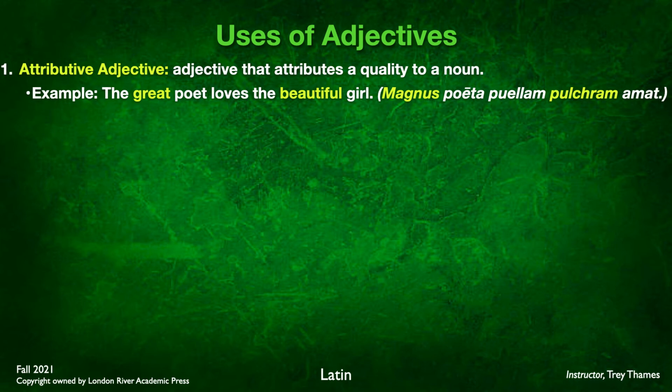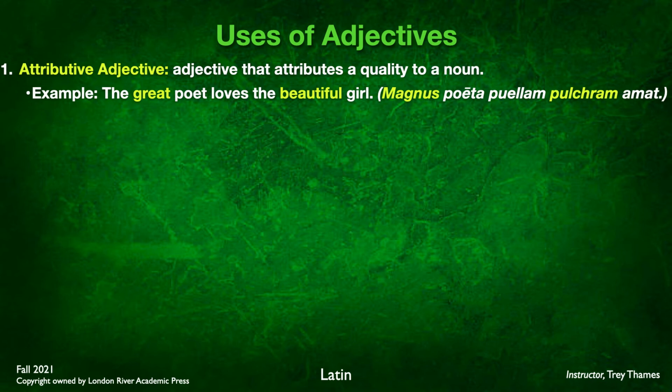Here, the word magnus is an attribute of quality, and so therefore it comes in front of the word poeta. On the other hand, pulchram is just an adjective modifying puellam, giving it the quality of beauty, and so it's following the noun puellam. So that's the attributive adjective.